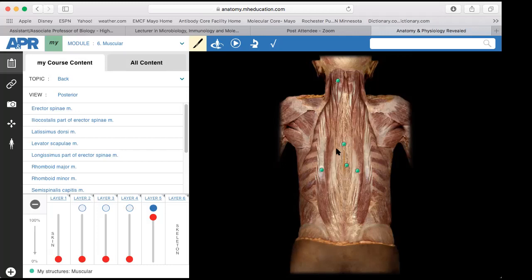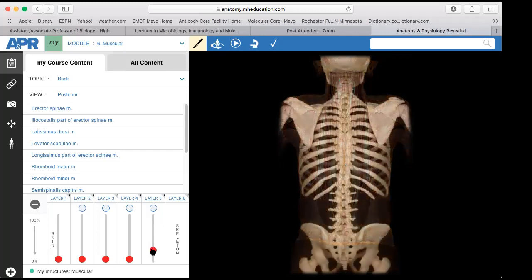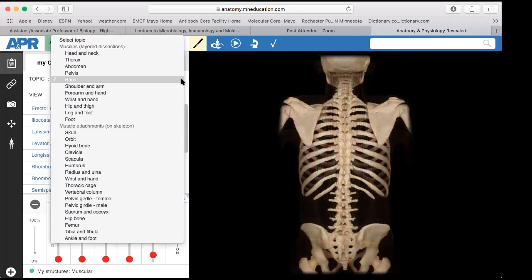The erector spinae, spinalis, longissimus, and iliocostalis, all of these are your postural muscles. Then you have your diaphragm, splenius. We looked at splenius. That's basically the back. And then we did shoulder and arm, forearm and hand. We finished those in the previous one.